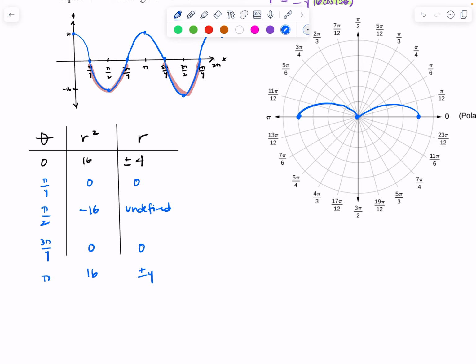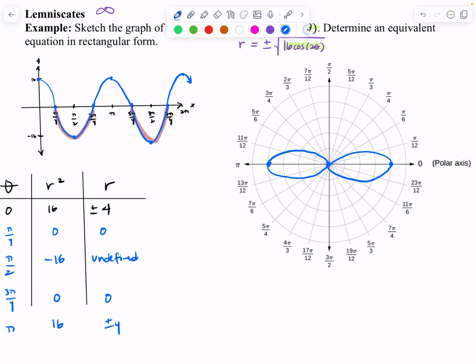So like here and here. I guess I kind of missed that earlier, sorry about that. We would have had positive and negative values going from 0 to pi over 4 as well.